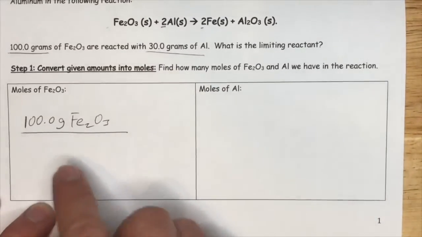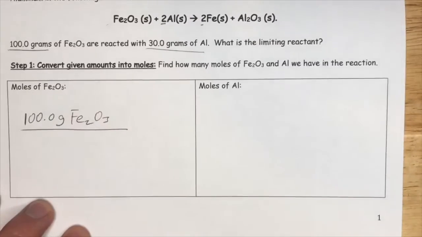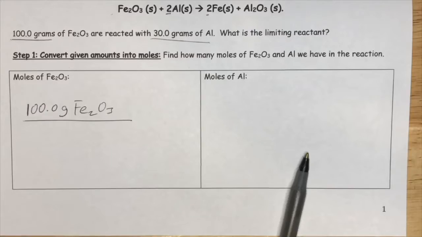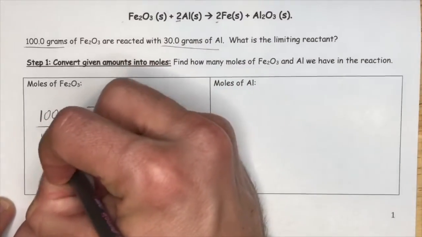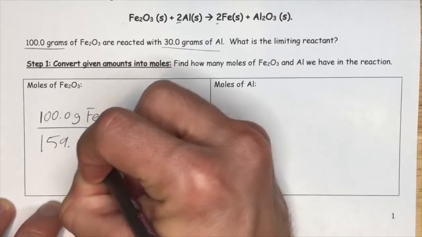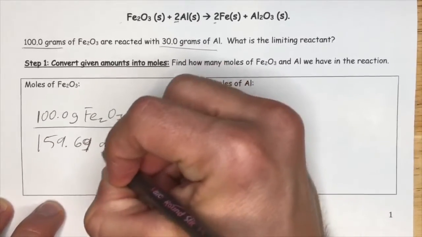I want to pause real quick. I want you to pause this, find the molar mass of Fe2O3. Okay, if you do, you'll find that it's 159.69 grams per mole.